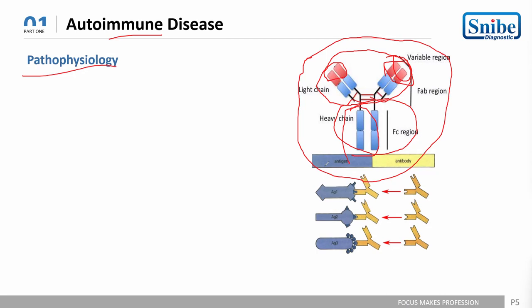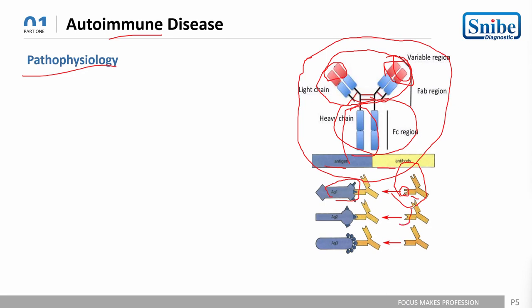If we talk about antigen and antibodies, you have observed that in an immune response, when any antigen enters the body, the immune system triggers and produces antibodies, and these antibodies have three characteristics. The major characteristic is that they are highly specific for the antigen, because the variable region is highly specific for antigen 1. It cannot bind with antigen 2 or 3.